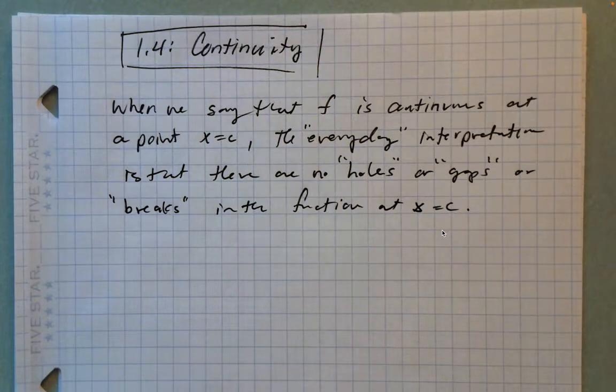So when we say f is continuous at a point x equals c, the everyday interpretation is that there are no holes, no gaps, no breaks in the function at that point.